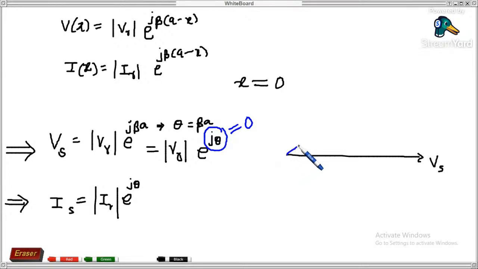So in that case, Is will be like this. Its length depends on the value of IR, its magnitude or phasor length, you can say. Anyhow, this angle is theta, which can be written as beta into A. Fine.